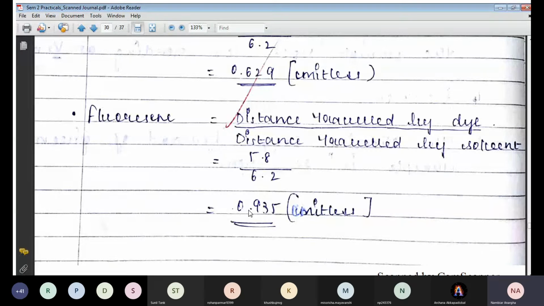All I know is that the components being separated are dyes, so I'll look in the list of dyes for those with RF values of 0.62 and 0.93, and that library of dyes and RF values will show me that 0.62 is for rhodamine B, whereas 0.935 is for fluorescein. Am I clear to everyone?